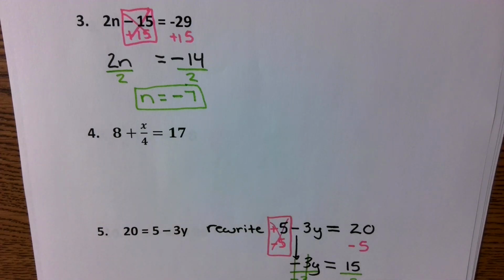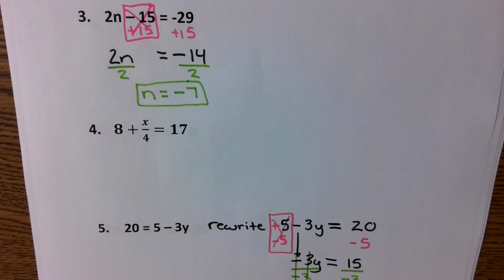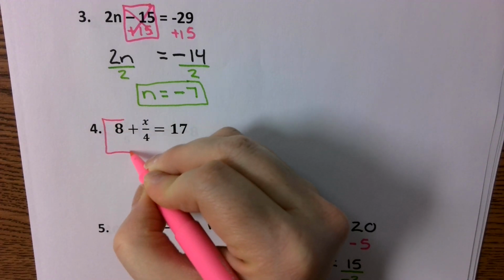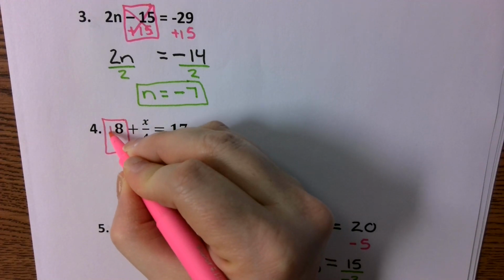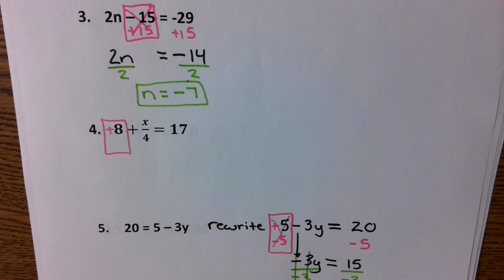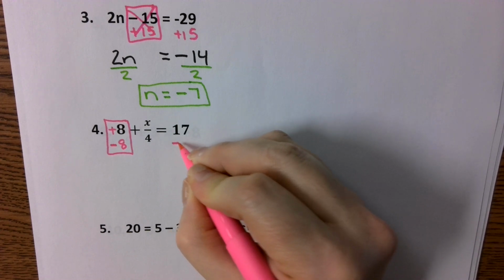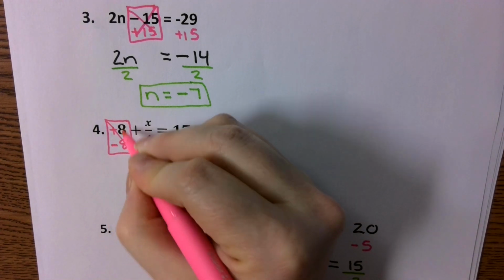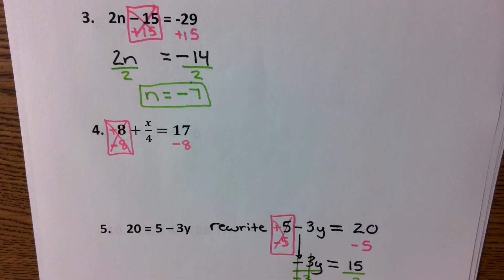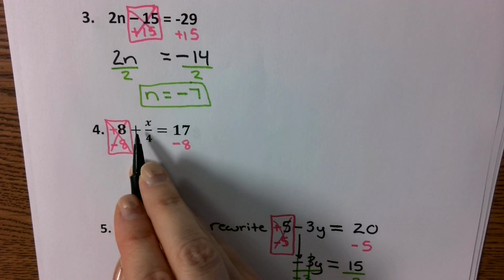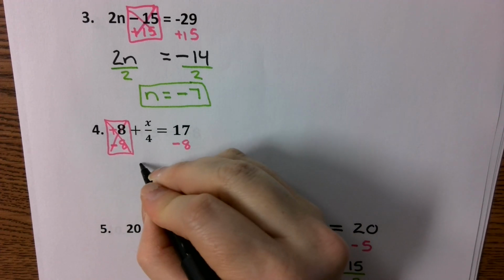Okay, problem number 4. Again, this 8 is what we have to get rid of first. That is our constant. There is an invisible plus sign in front of that 8, which means our inverse operation is to subtract. We're going to subtract the 8 from both sides. So those 8s will get canceled out. We are left with a positive x over 4.